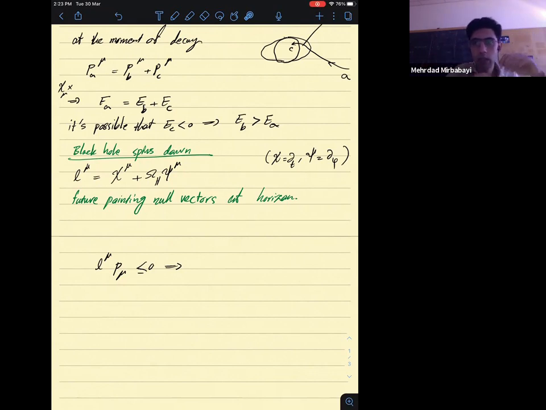So that was the other conserved quantity. So this product is minus E of that particle plus omega h times the angular momentum, J. This is less than 0.